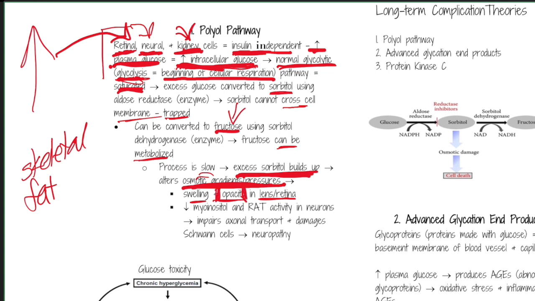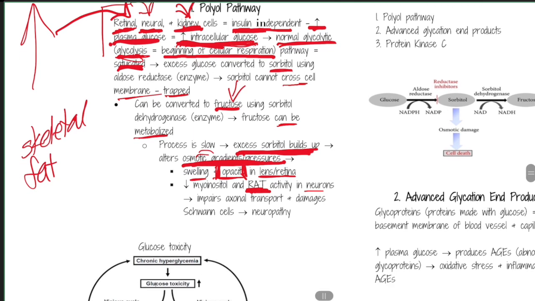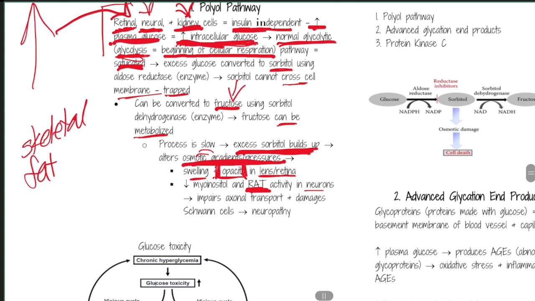You have, and don't worry about this, it's a bad thing that happens inside of the neurons. We're not going to go way into that. It's just too much. But what happens is it impairs the axonal transport, meaning that message that's transmitting along the axon is impaired. And then those Schwann cells, remember those are wrapped around those axons to make the signal move faster, are damaged, and then you end up with neuropathy.